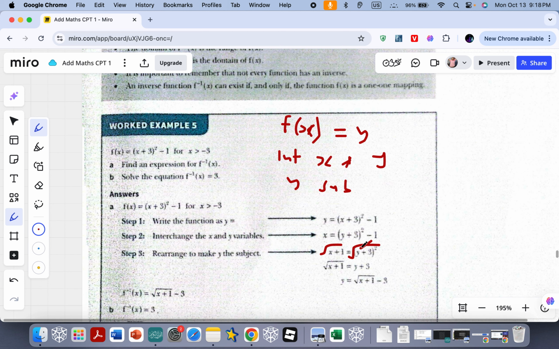Now, since we have square root on the left, to remove this square root, I have to square my left, and I have to square my right. So this one squared. You can put a bracket first before you put the square. And also you have to square the 6, meaning 6 squared, because whatever you do to the left, you must do to the right. So this square cancels the square root.